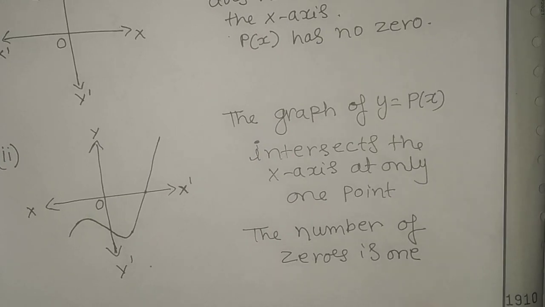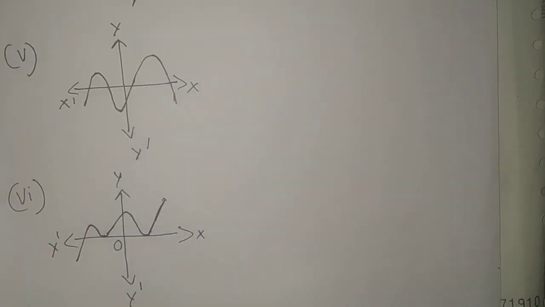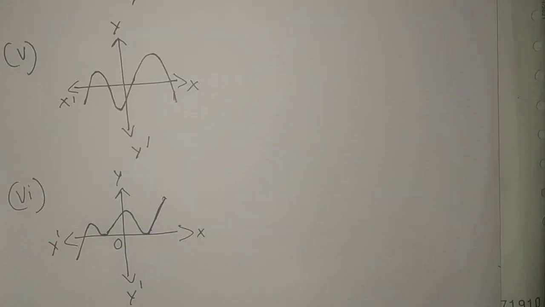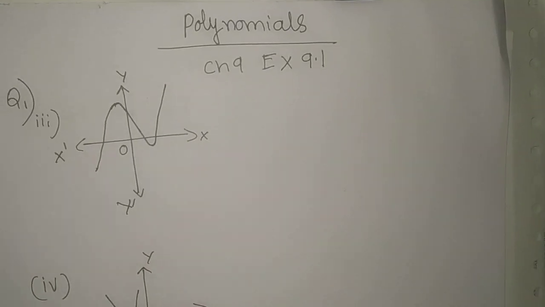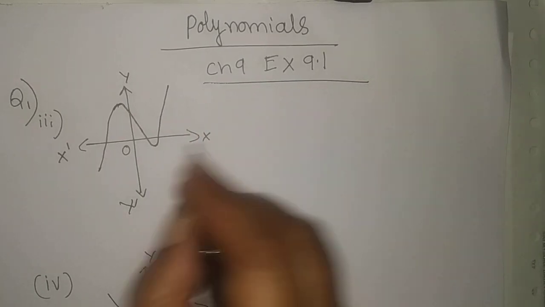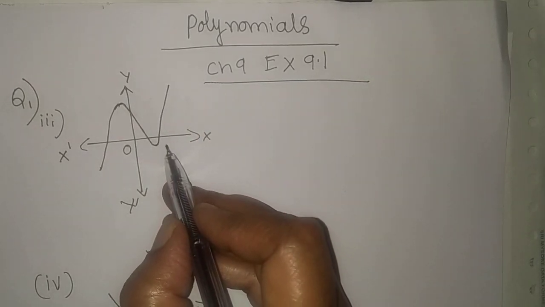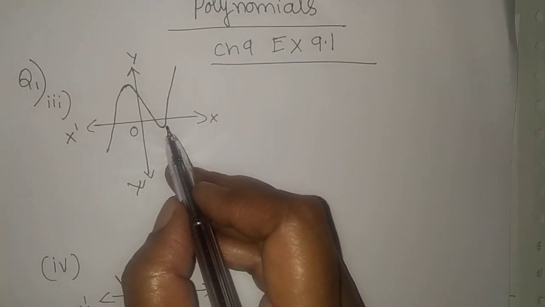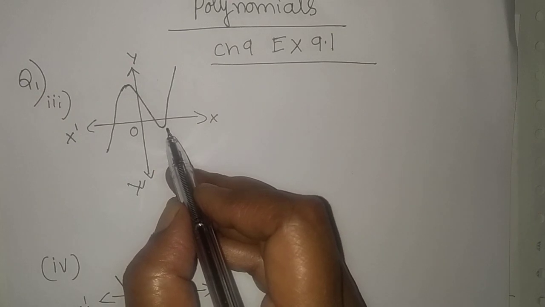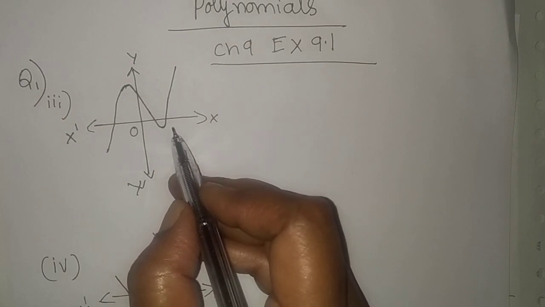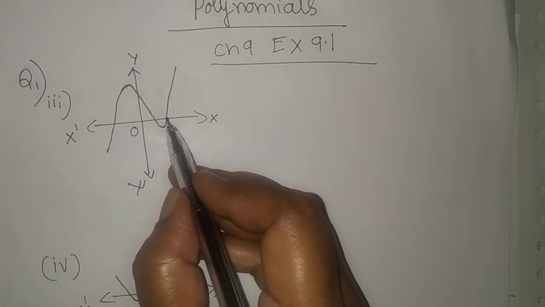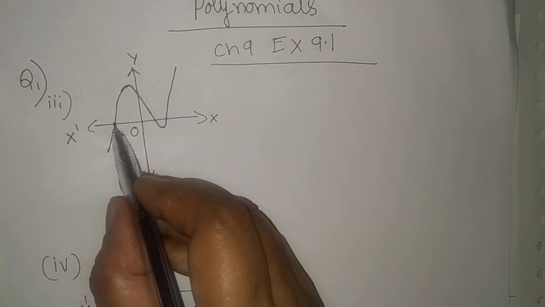So we move on to the next, that is the third problem. We'll see what graph is given here. So this is the graph here. What are the points here? The number of zeros: 1, 2 and 3.